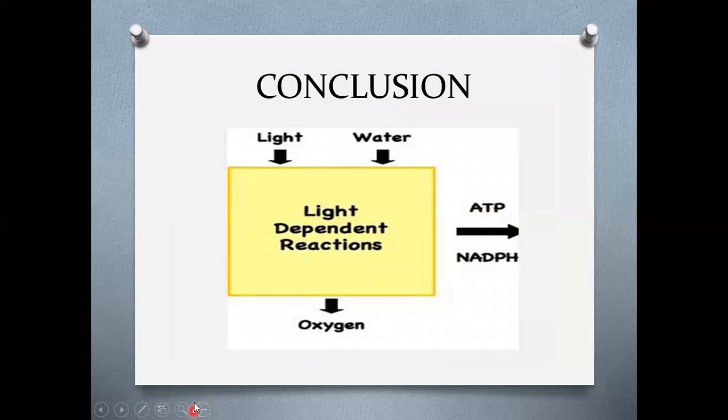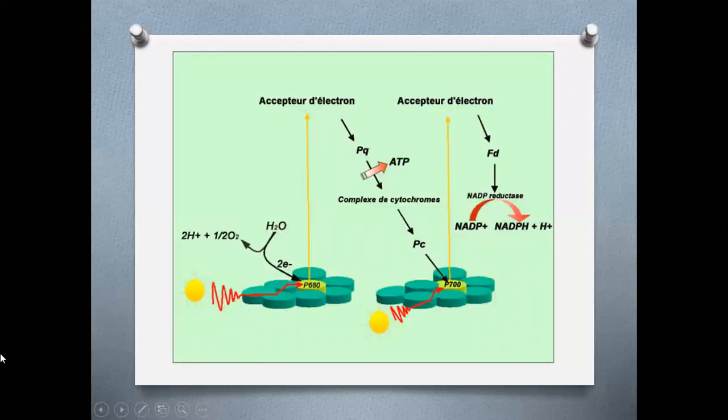So the conclusion up till now is that in light reaction, a plant takes in some light and some water, and as a result gives us oxygen along with ATP and NADPH molecules. You can see here the NADPH molecule and the ATP molecule. These are released along with oxygen.